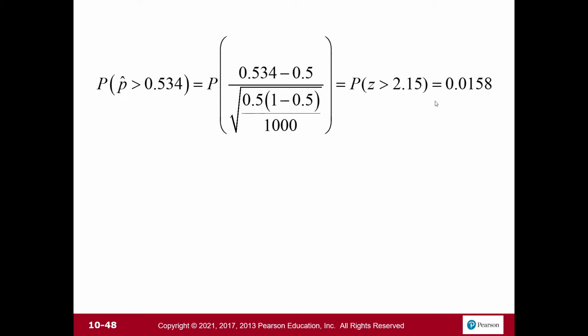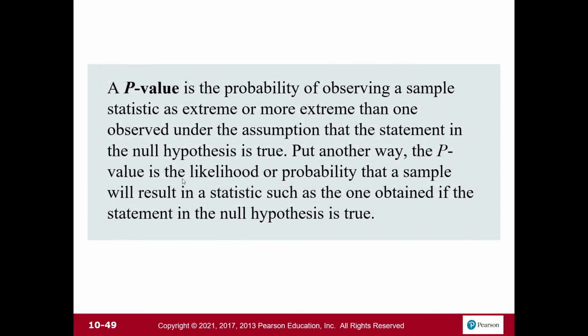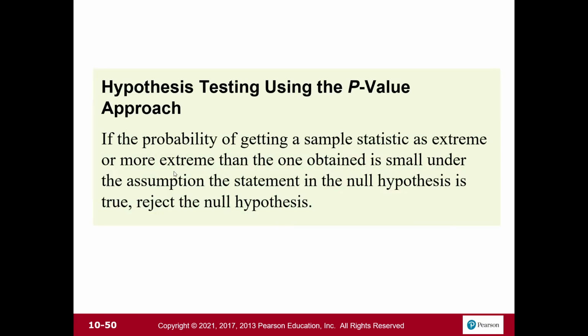This is what we get. And the 0.0158 is called the p-value. And we will compare the p-value with the alpha.